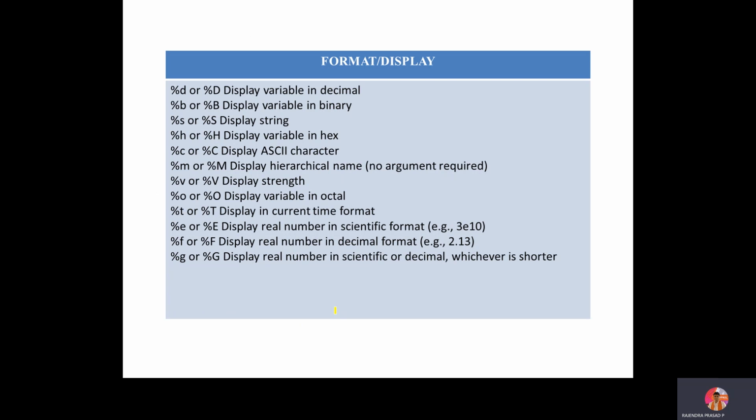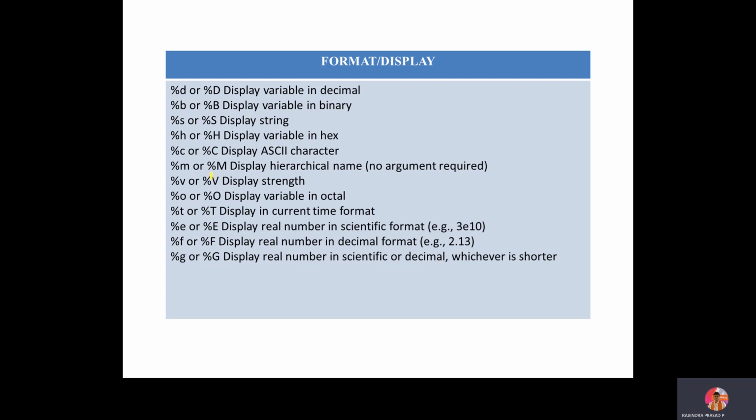Some of the display formats you can observe here. In a program you will write percent D or capital D to display a variable in decimal. Percent B or capital B displays a variable in binary. Percent S displays a string. Percent H displays a hexadecimal value. Percent C displays an ASCII character.